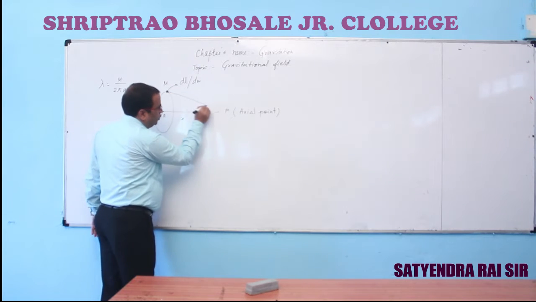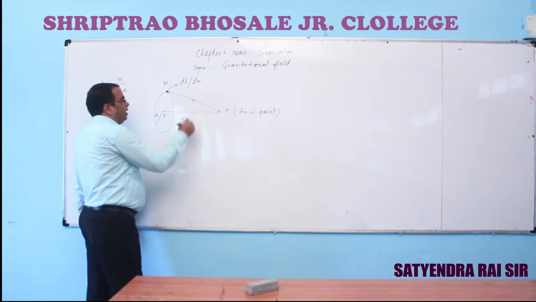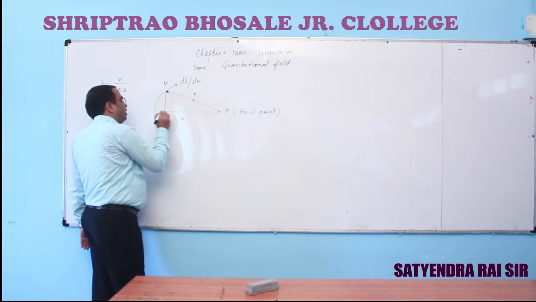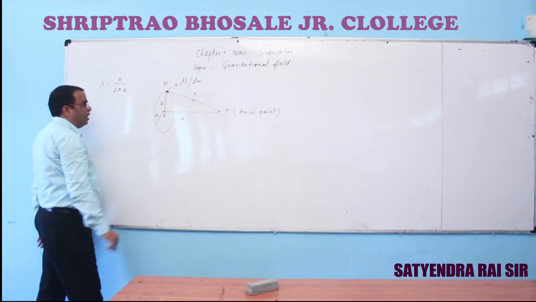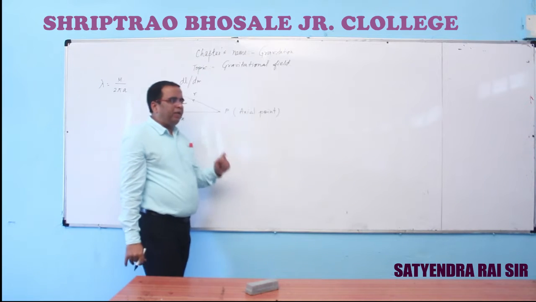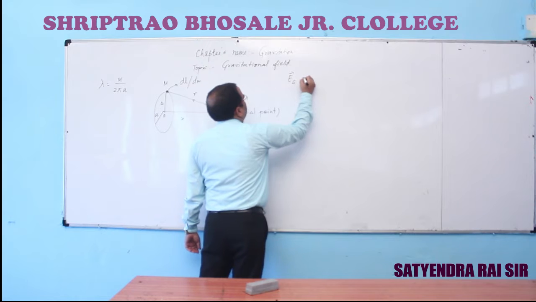Let us join the two. This line, let it be R. This is x, this one is a. R is the distance from the element to the point P where we try to calculate Eg.